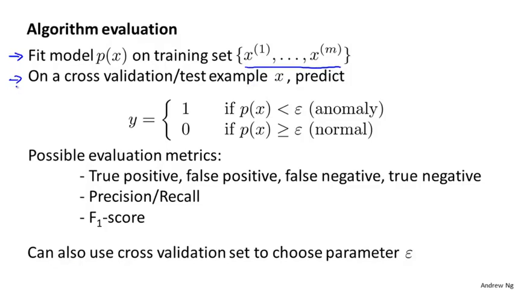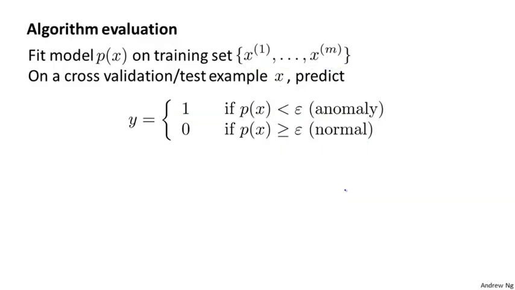On the cross-validation or test set, given a test example x, think of the algorithm as predicting y equals 1 if P of x is less than epsilon, and predicting 0 if P of x is greater than or equal to epsilon. So given x, it's trying to predict the label: is it y equals 1, corresponding to an anomaly, or y equals 0, corresponding to a normal example?